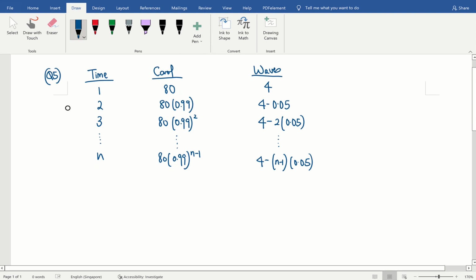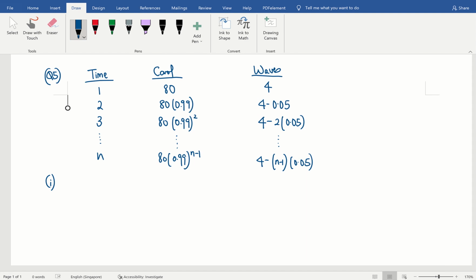Okay, for part 1, find the distance between Carol and the shore after the first 5 minutes. You take, you sum up the distance you swam minus away the wave.